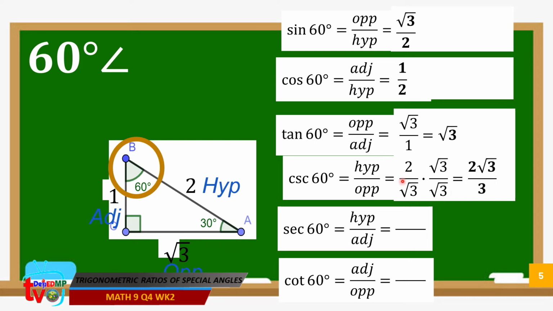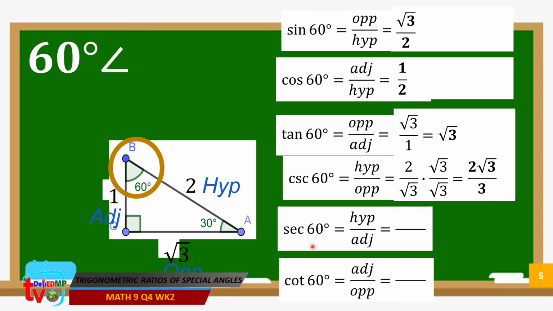And when we multiply, 2 by square root of 3 is 2 square root of 3. Square root of 3 times square root of 3 is square root of 9, further simplified as 3. So cosecant 60 degrees is 2 square root of 3 over 3.